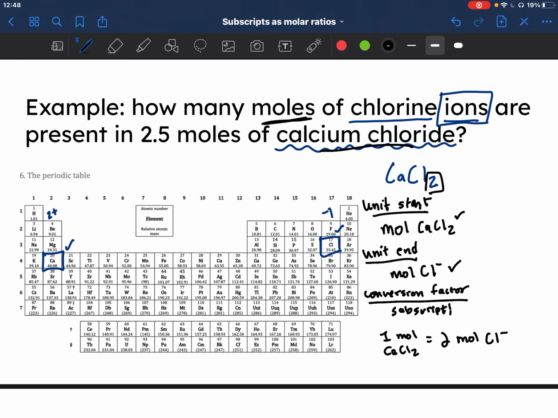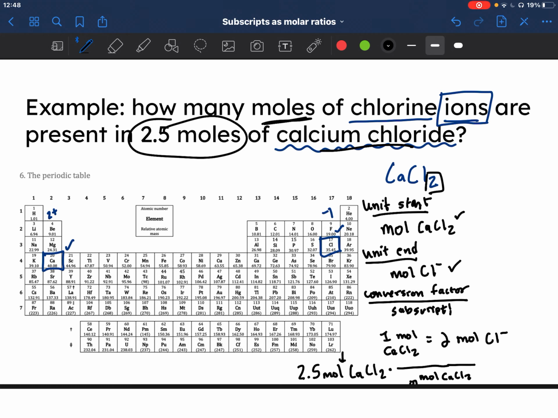All right, so what would this look like? I start with the amount given, 2.5 moles of calcium chloride times, if I have moles of calcium chloride, what needs to go on the bottom in my next step? The same exact thing, moles of calcium chloride.